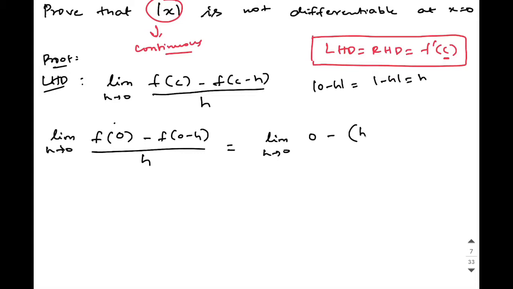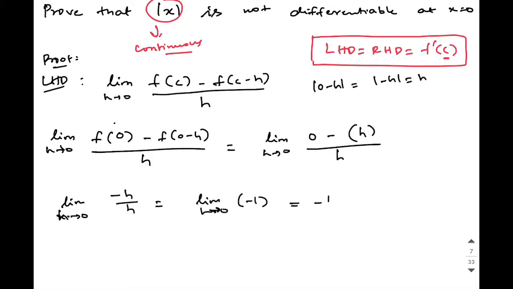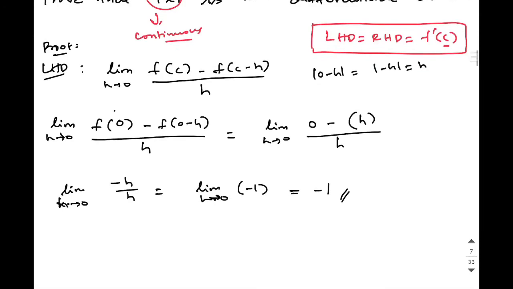So here it is going to be h divided by h. Limit h tends to 0, 0 minus h is going to be minus h divided by h, that is, it is going to be minus 1. The answer is minus 1. So left hand derivative is minus 1.